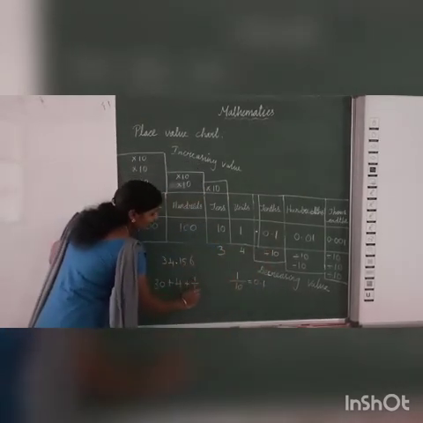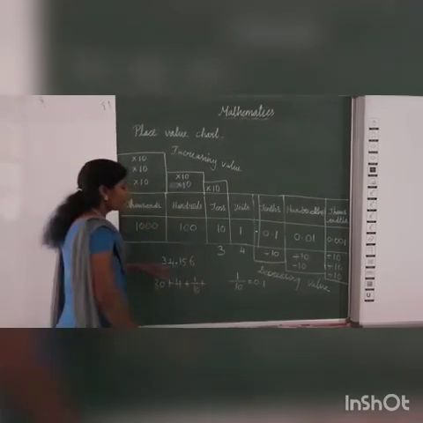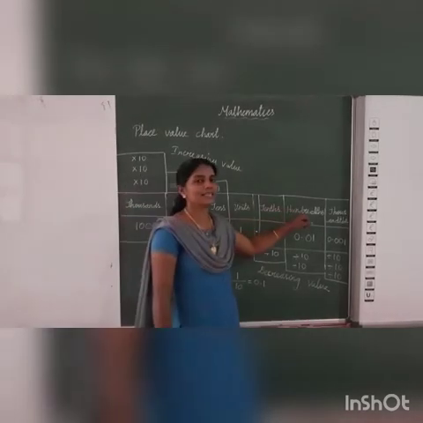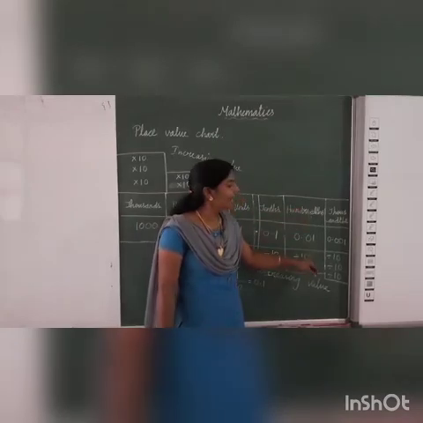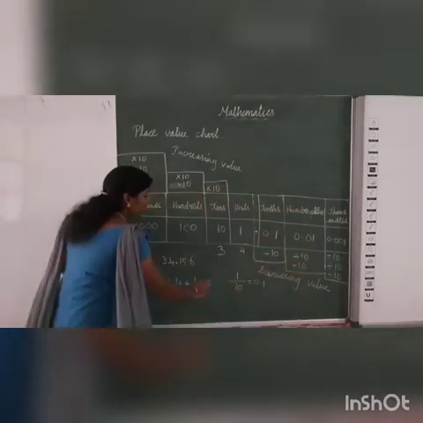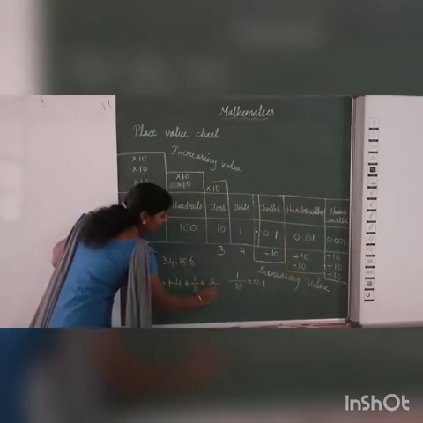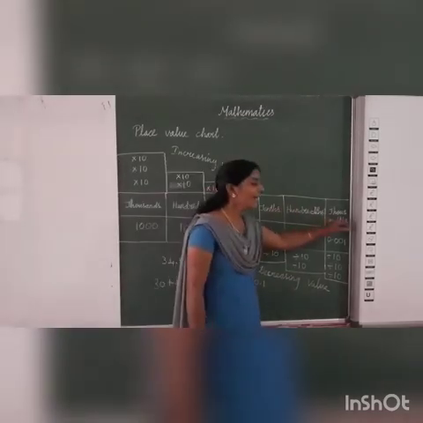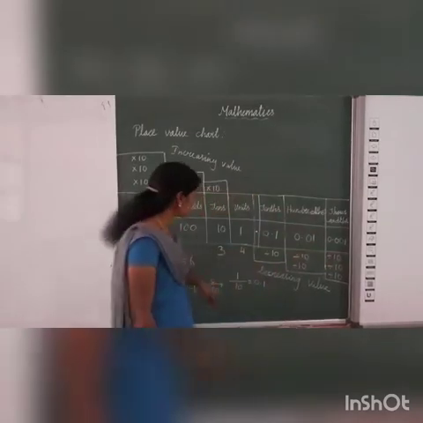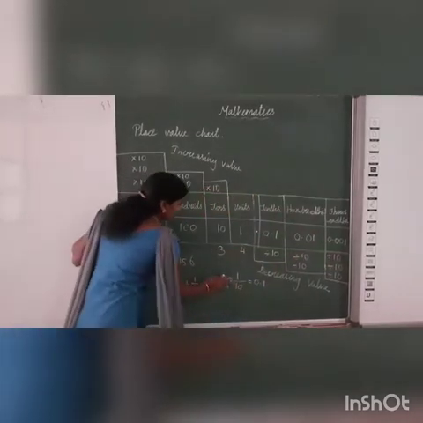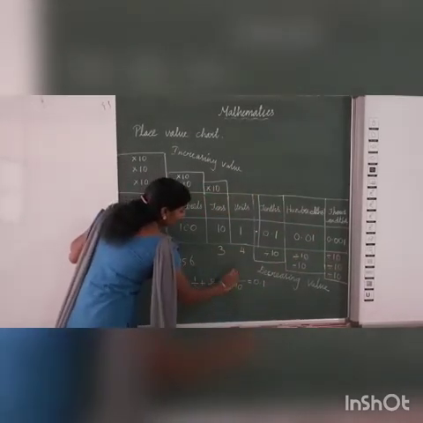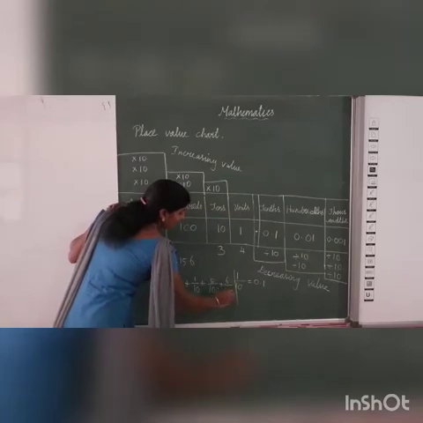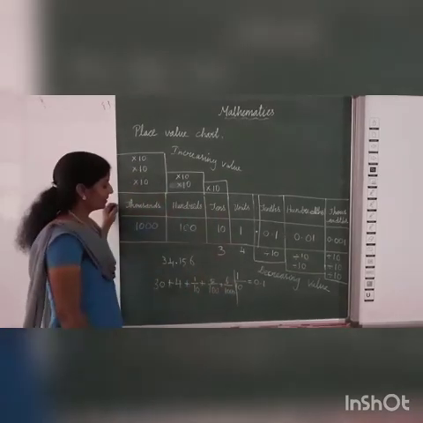That is the tenths place plus, then 5 hundredths. 5 divided by 100. Okay. 5 by 100 plus 6. 6 is in the thousandths place. So we can write 6 divided by 1000. Clear?